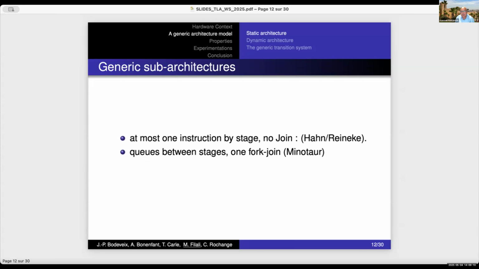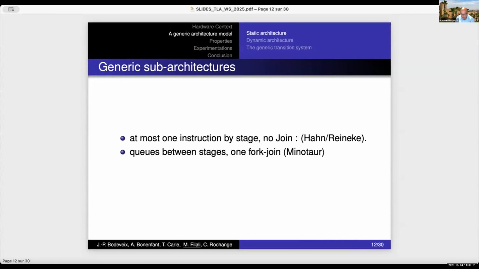For instance, we have considered two generic sub-architectures. The one that is known as the Hennessy-Patterson case study is an architecture where we have at most one instruction in a stage, and we do not have join nodes.